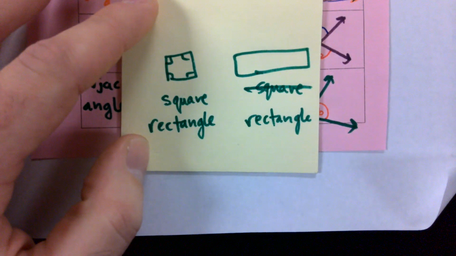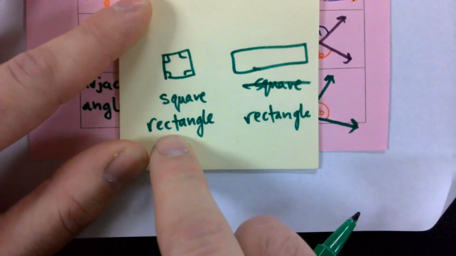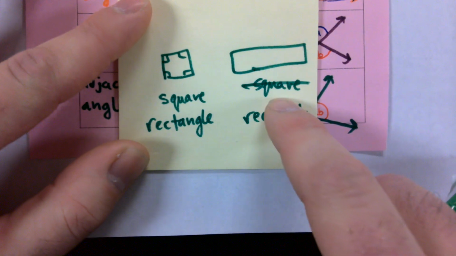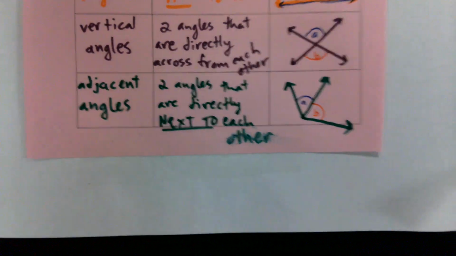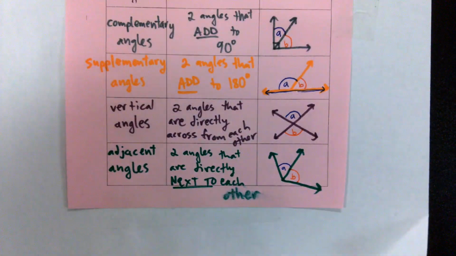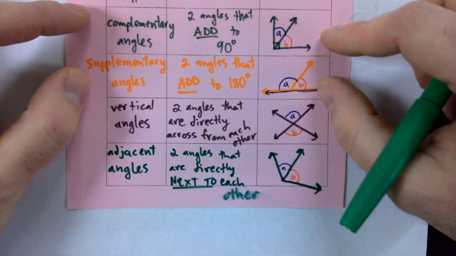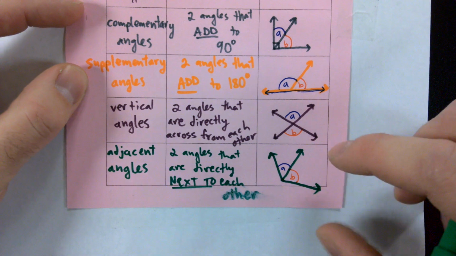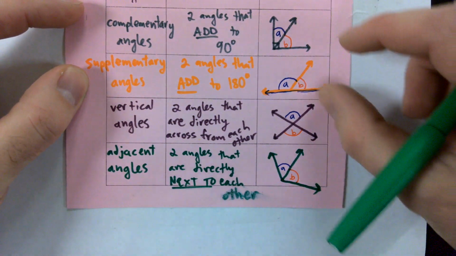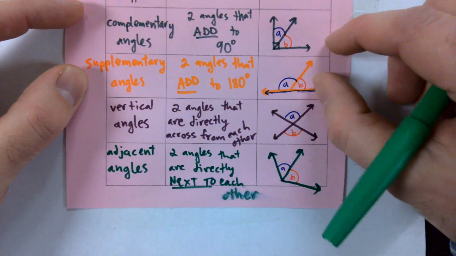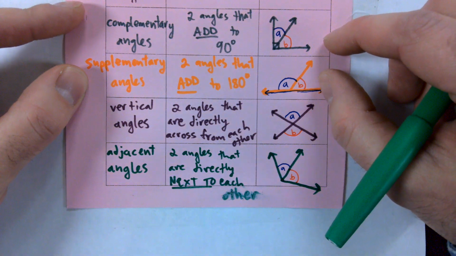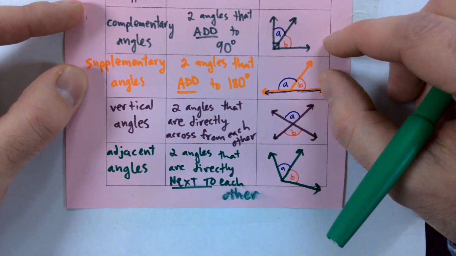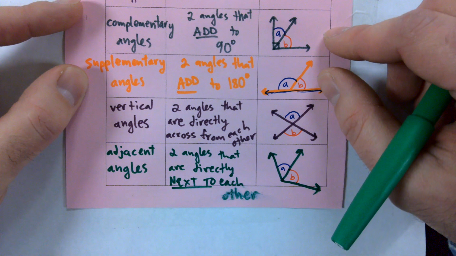Right? You guys see what I mean? A square is also a rectangle, but rectangles are not squares. So, how does that connect to this? Complementary and supplementary angles are also adjacent angles, but not all adjacent angles fall into one of these two categories here. Give me a thumbs up if that resonates with you a little bit. And what I mean by that is, does that make sense?